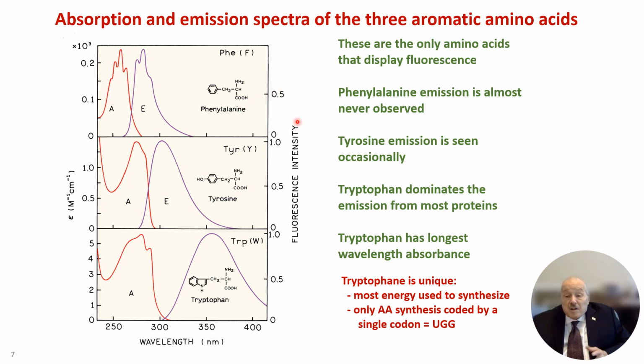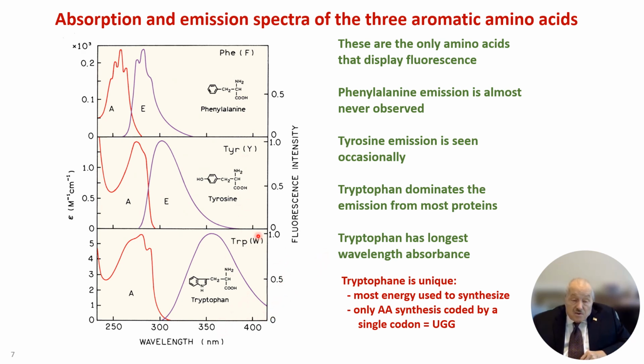I think I found a couple, but there aren't many. At a slightly longer wavelength, because it's hydroxylated, we have tyrosine, and tyrosine emission is occasionally seen. And then, of course, we have tryptophan, which is the dominant emitter from just about all proteins, has the longest wavelengths for absorption and emission.